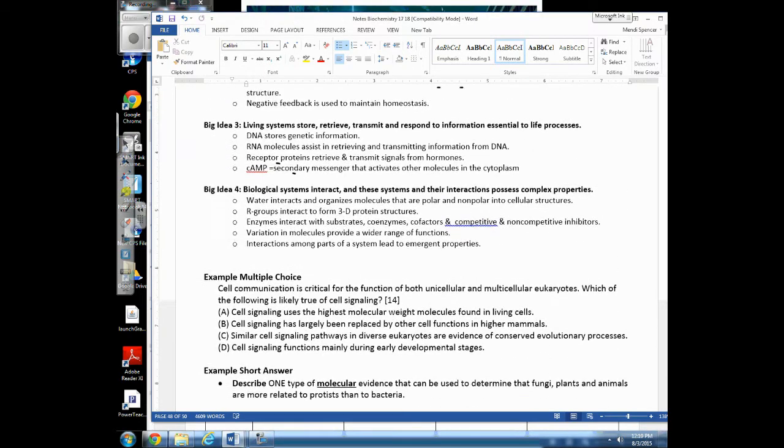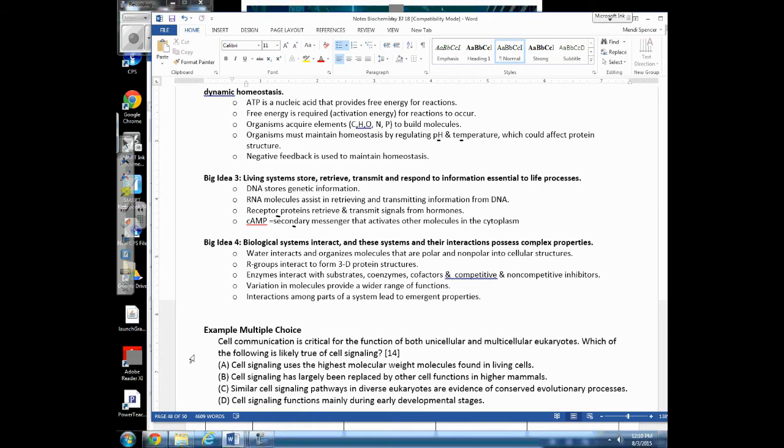So let's take a look at big idea 4. That there's interactions. We see that water interacts with other molecules, and that helps these molecules form into different cellular structures, like the cell membrane. We talked about the different properties of R groups, and different R groups will interact with other ones to help that protein form that 3D structure so it can function.